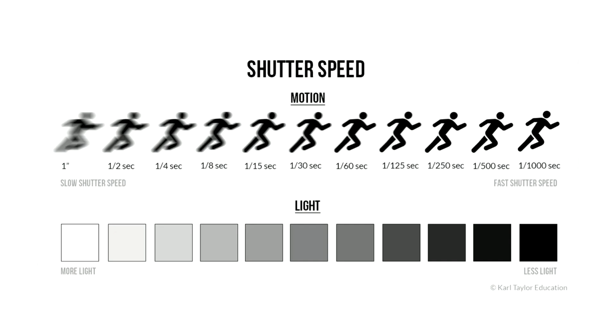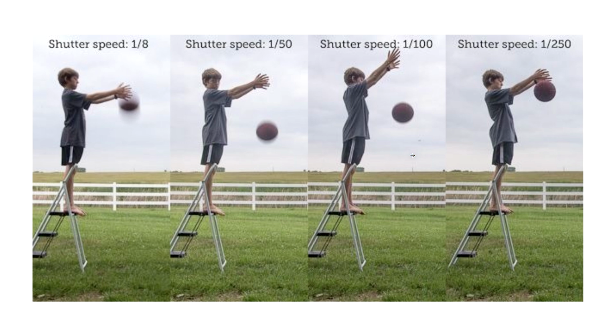On the other hand, a slow shutter speed, such as 1/30 of a second, allows more light to hit the sensor and can create motion blur, which is often used to convey movement in the image. So here are 4 examples of pictures that were taken using different shutter speeds.